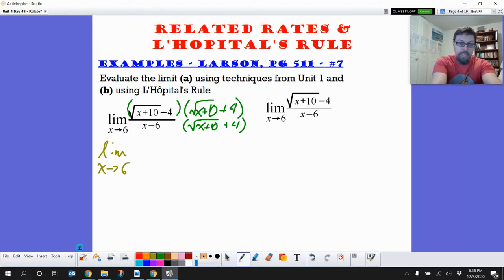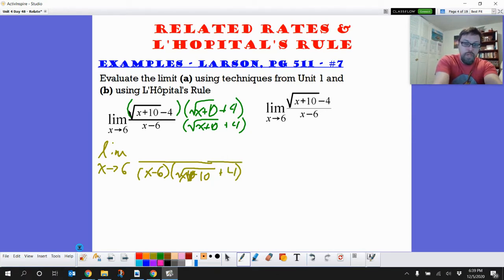So in the denominator, we keep that x minus 6 as is, and then keep the square root of x plus 10 plus 4. In the numerator, we square the first thing, so we get x plus 10, and square the second thing, so that's 16, with a minus in the middle. So we end up with the limit as x approaches 6 of x minus 6 over x minus 6 times the square root of x plus 10 plus 4.